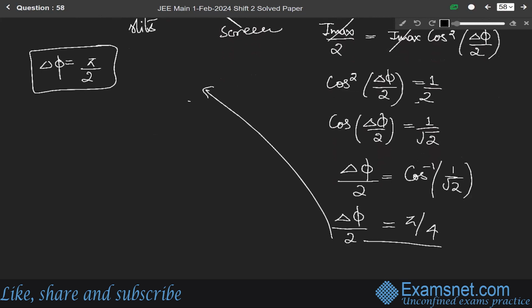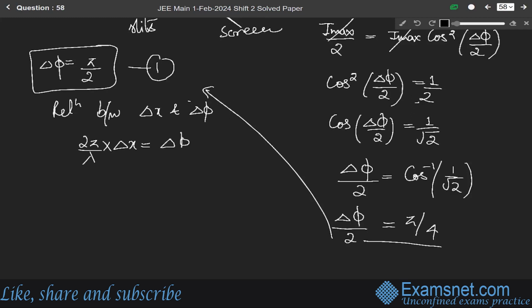Let us say this is equation 1. Now there is a relation between path difference and phase difference: 2 pi over lambda into delta x equals delta phi. So 2 pi over lambda into delta x equals pi by 2.